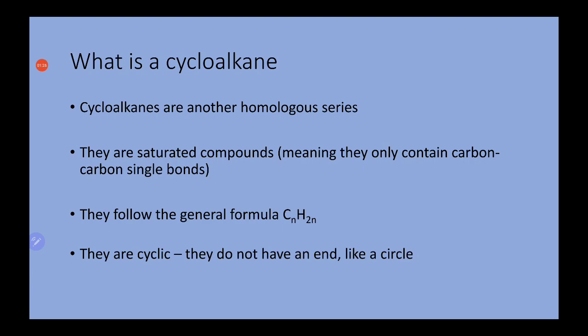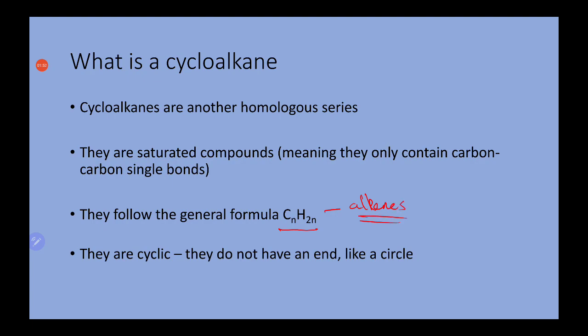They're saturated compounds. What that means is that they contain only carbon-to-carbon single bonds. However, they follow a general formula which we've seen before, the CnH2n general formula. We have seen that before in the alkenes.